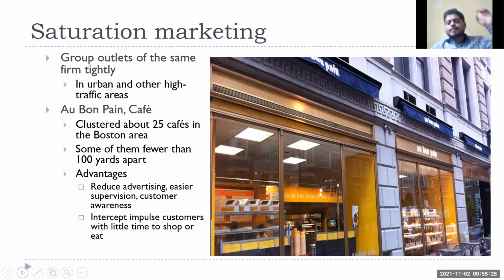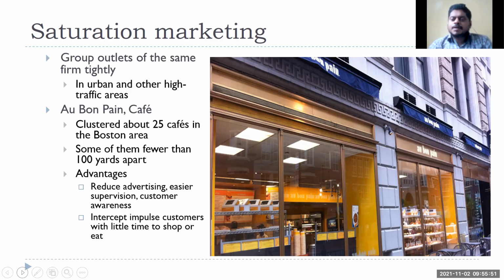Competitive clustering: different companies are in a single space. Competitors like hotel chains, motel chains, repair shops, petrol pumps, restaurants are competitors, but they are grouped together, in very close locations to each other, right? Here, what happens in saturation marketing? The same company, let's say KFC or McD.